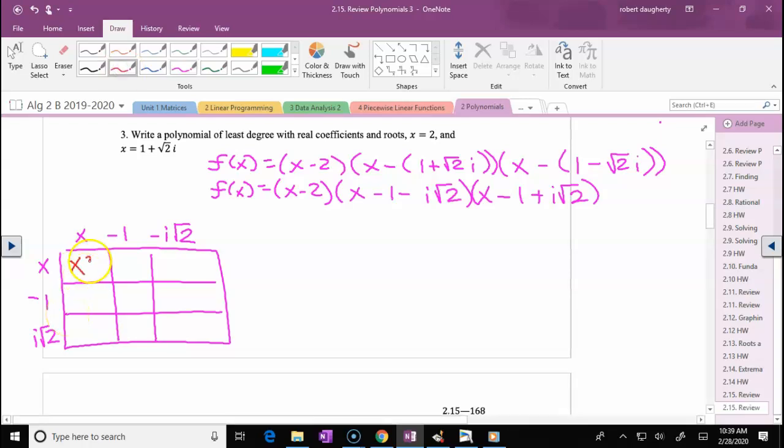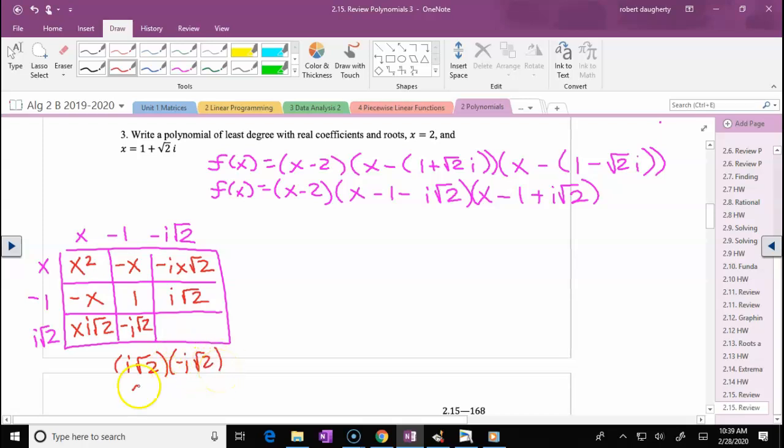X times x, x squared, negative x, negative ix root 2, and then negative x, positive 1, and then plus i root 2, and then xi root 2, negative i root 2, and then this last one, don't mess this one up, this is i root 2 times minus i root 2.